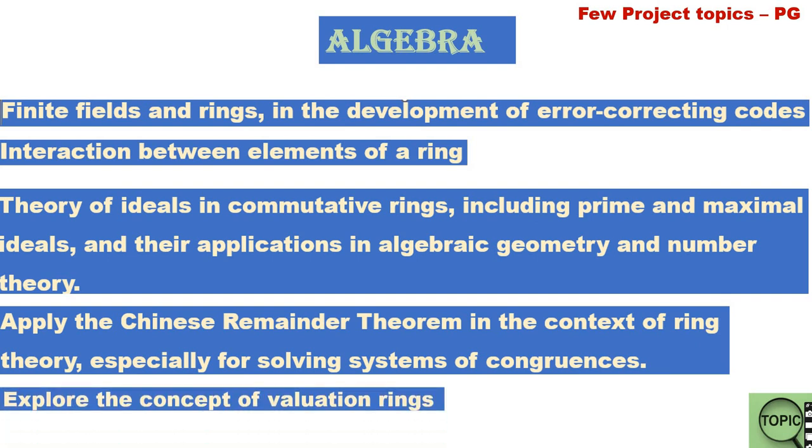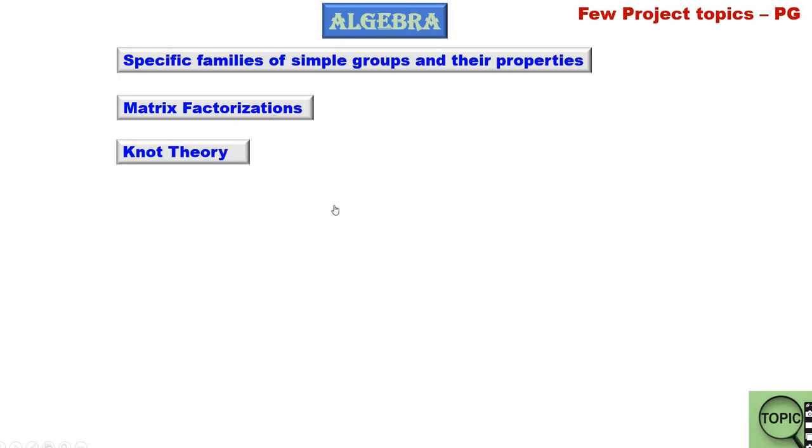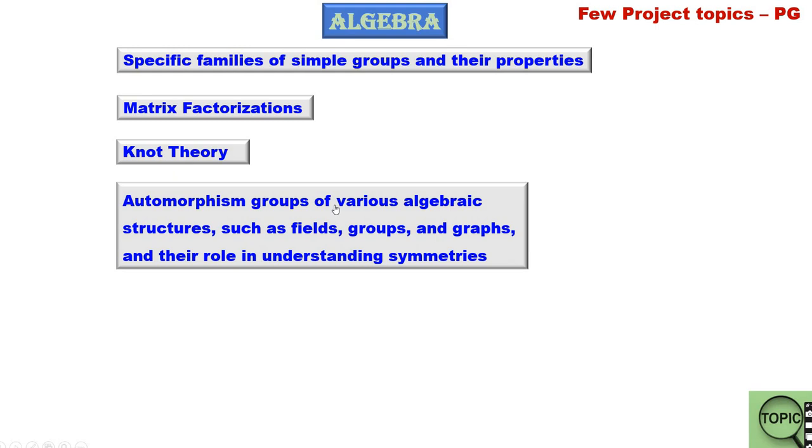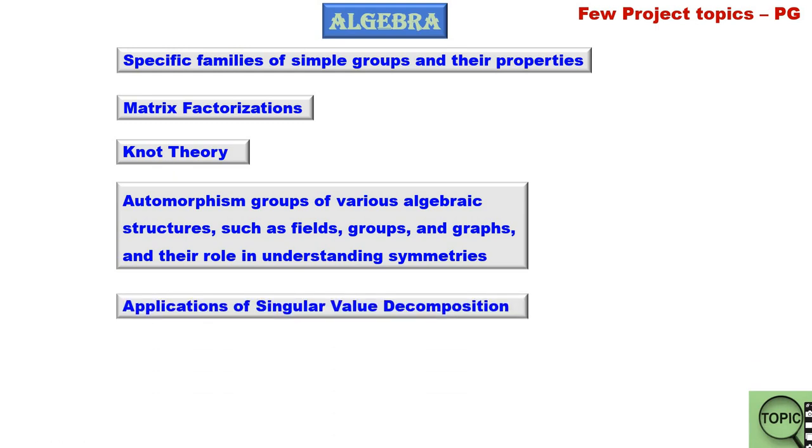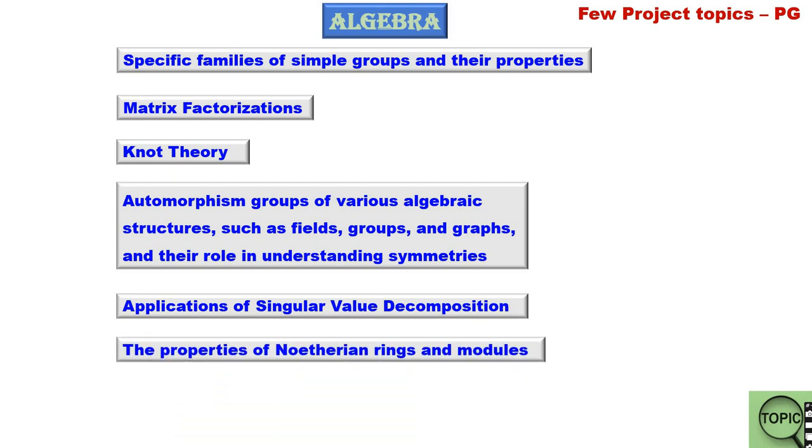You can explore the concept of valuation rings, specific families of simple groups and their properties, matrix factorizations, especially singular value decomposition. This would be very useful. Knot theory can be studied. Automorphism groups of various algebraic structures such as fields, groups, and graphs, and their role in understanding symmetries. Applications of singular value decomposition, the properties of Noetherian rings and modules. So all these topics can be explored in algebra.